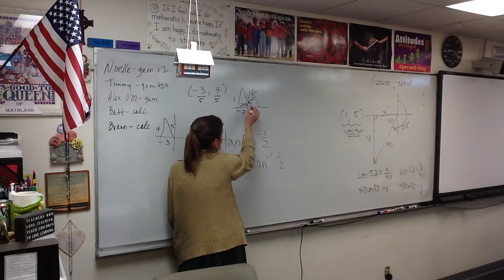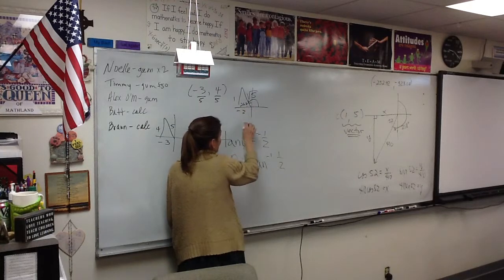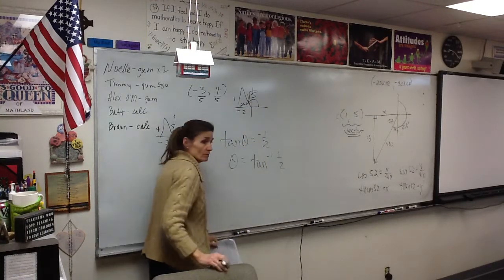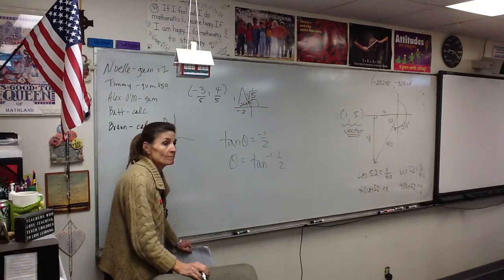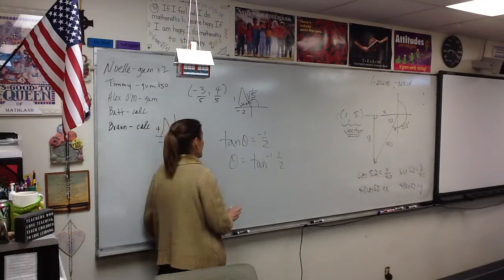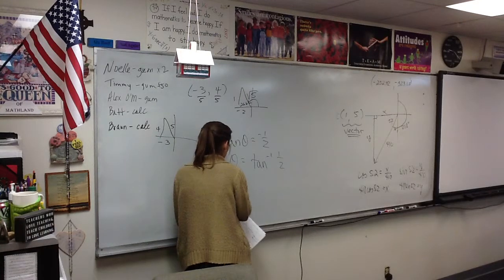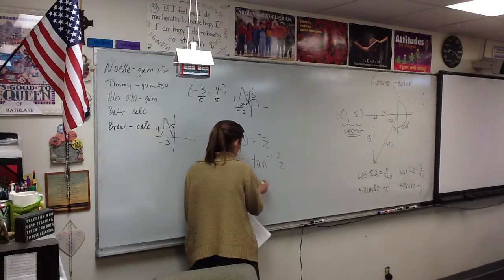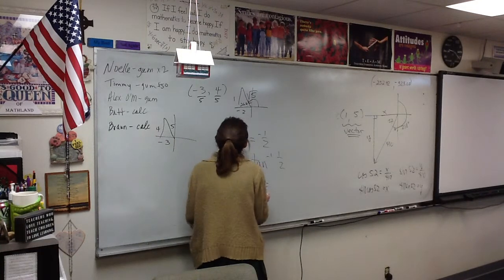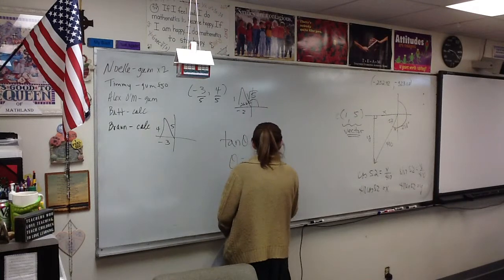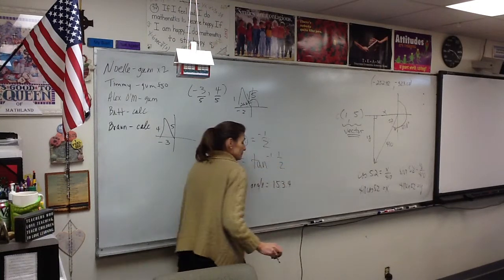I know that's 26.6. So how would I get the angle that I want? Yep, so I'll subtract it from 180, and the actual, what's called the direction angle, is, what would that be, 153.4?